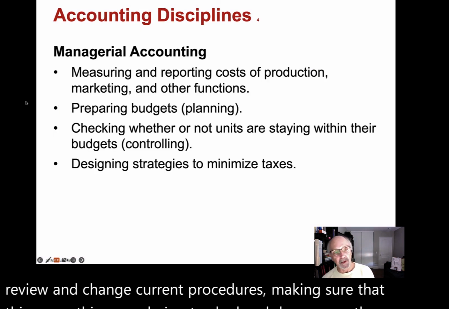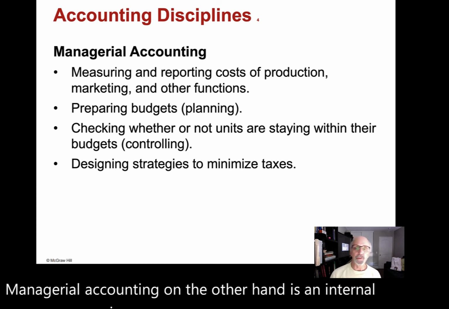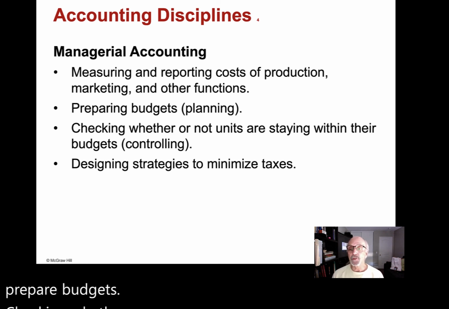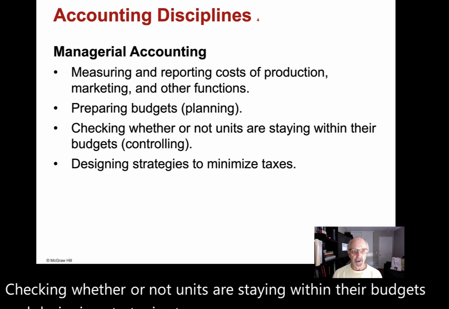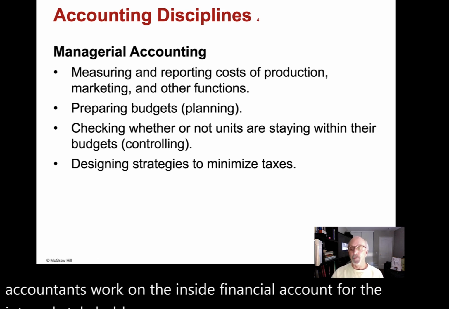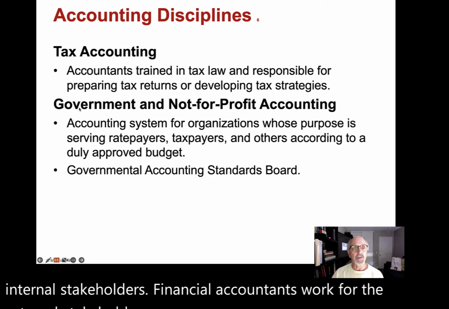Managerial accounting, on the other hand, is an internal process, measuring and reporting costs of production, marketing, and other functions. Managerial accountants prepare budgets, checking whether or not units are staying within their budgets and designing strategies to minimize taxes. So managerial accountants work on the inside, for the internal stakeholders. Financial accountants work for the external stakeholders. Auditing, I've already talked about.